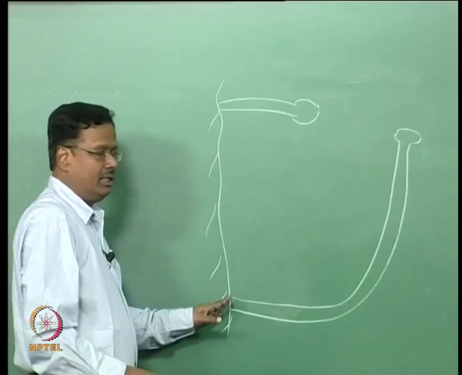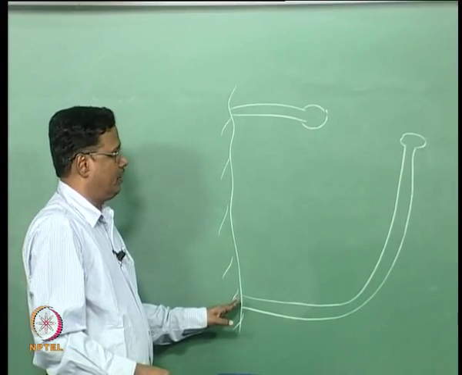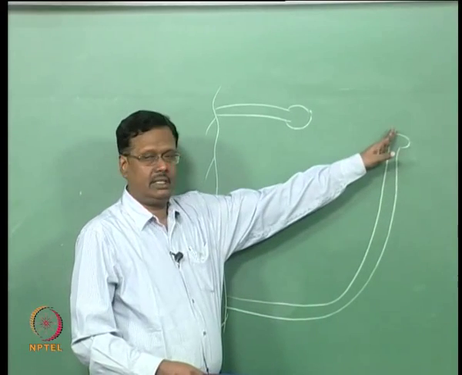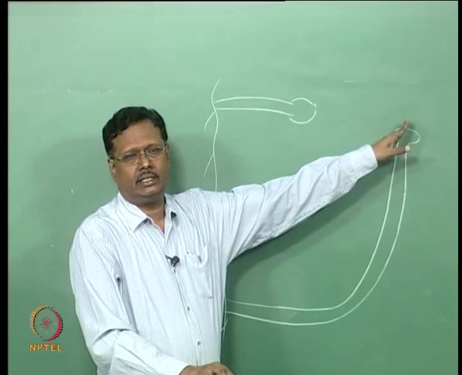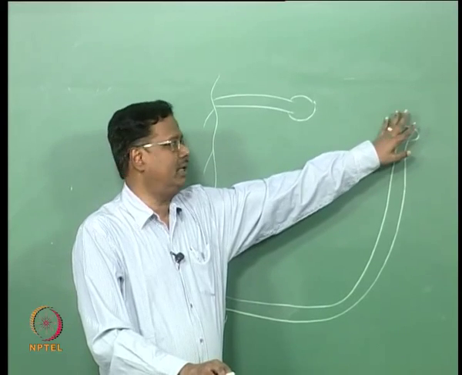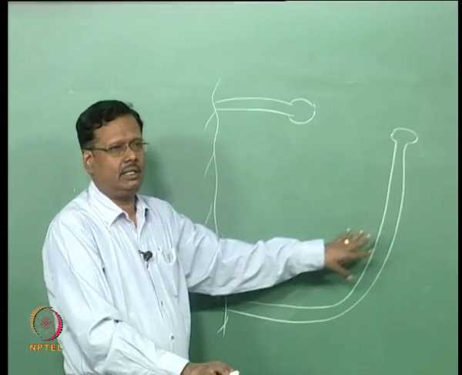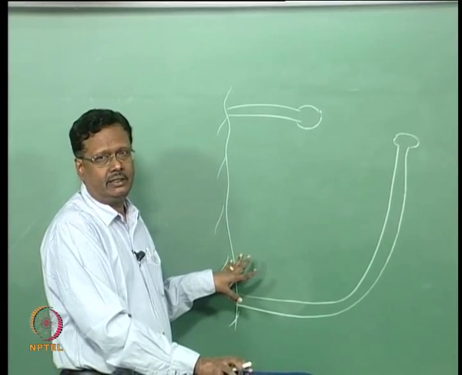What they do is they start the construction from this point and then they go towards the end. They do not put the armor stone until they reach this point, then they will put the armor stone, then they will come back. Is it clear?